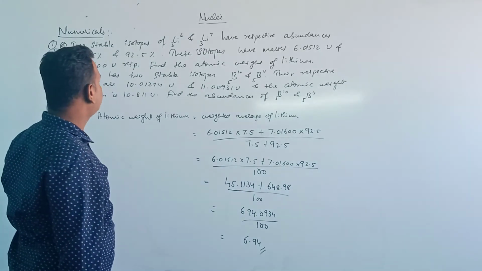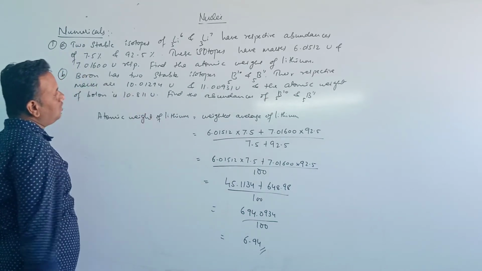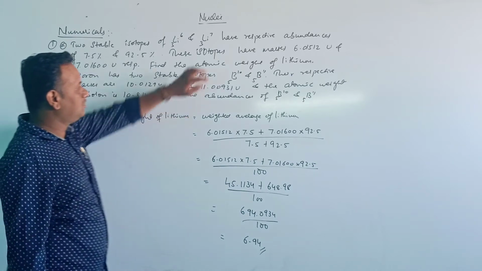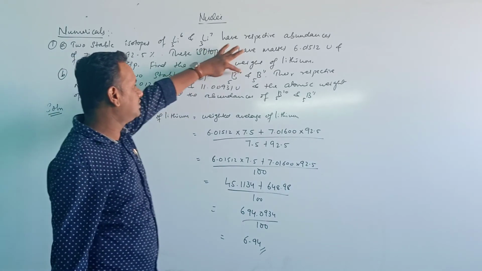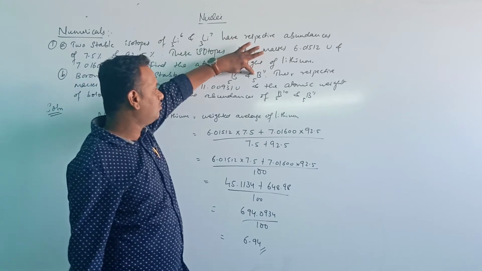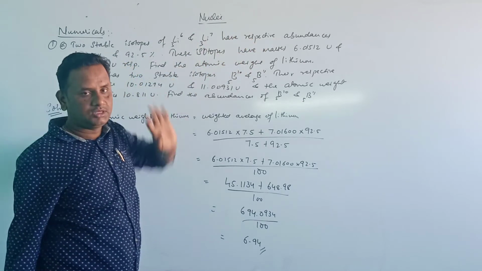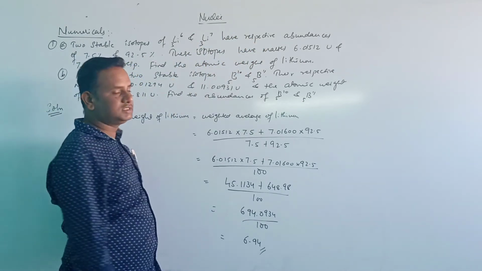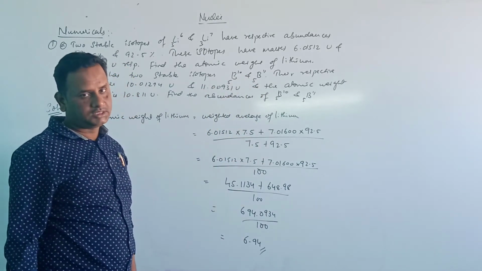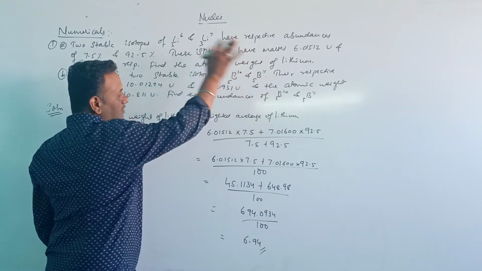Now we will proceed to the next question. Boron has two stable isotopes: one is boron-10 with atomic number 5, and the other is boron-11 with atomic number 5. Where 10 is the mass number and 5 is the atomic number. Atomic numbers are the same, but the mass numbers are different.